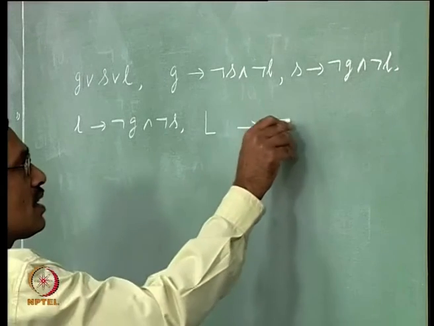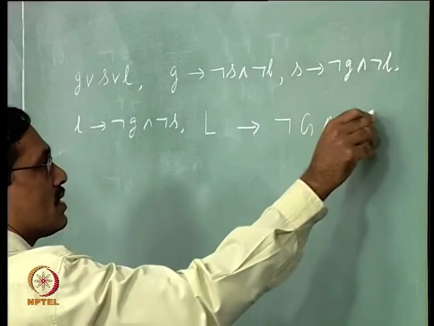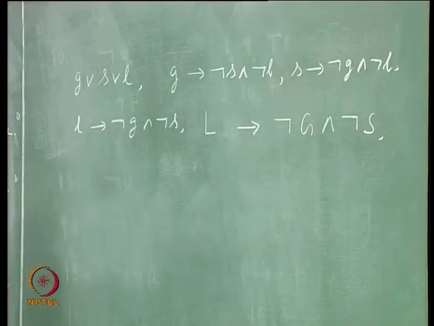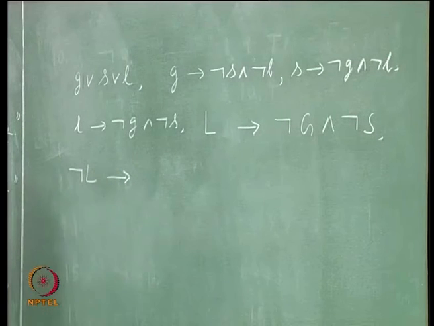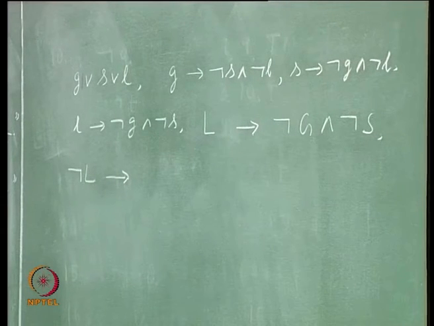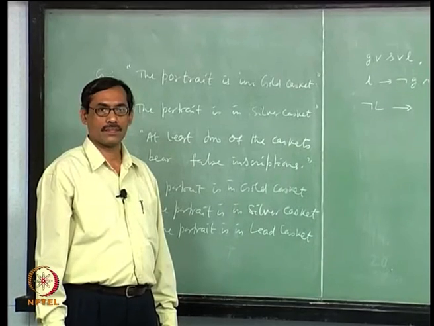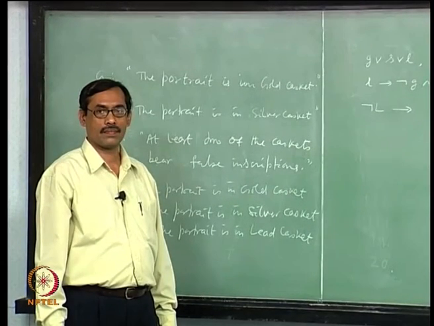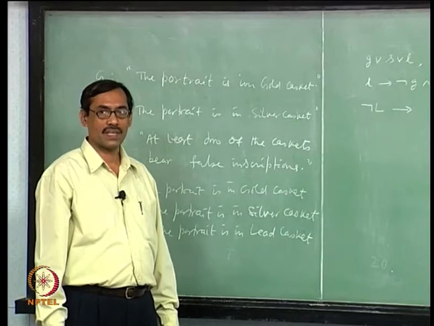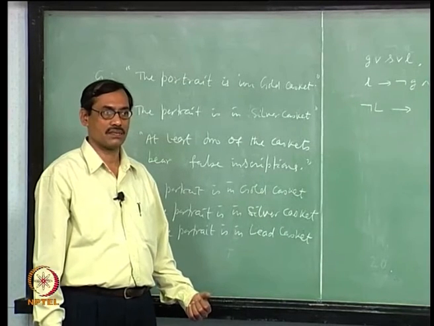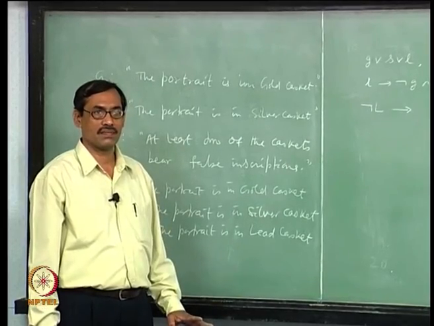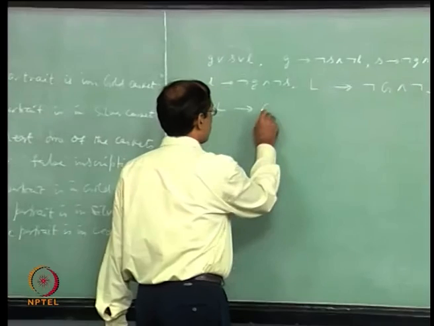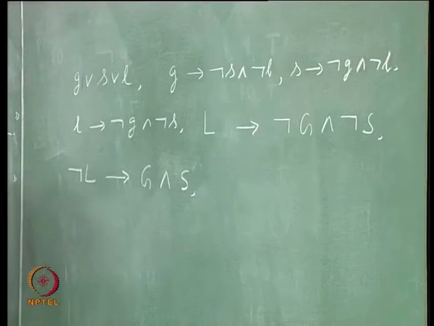So, this says not G and not S. If L is false, then it says at most one of the inscriptions can be false, already L is false, therefore the other two must be true. Is that okay? G and S. Any other premise?